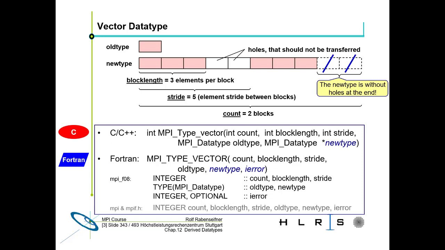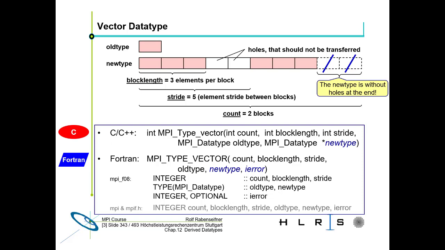That means there are holes, because the stride dictates that the next block starts 5 units of old type further on, and holes should not actually be transferred. The new type will not have holes at the end. The count in this case is 2 blocks.